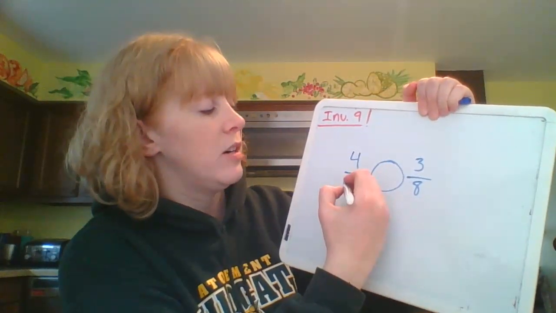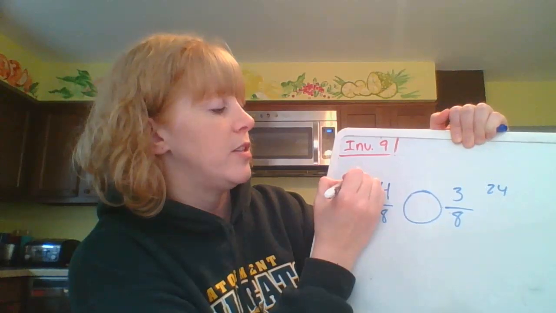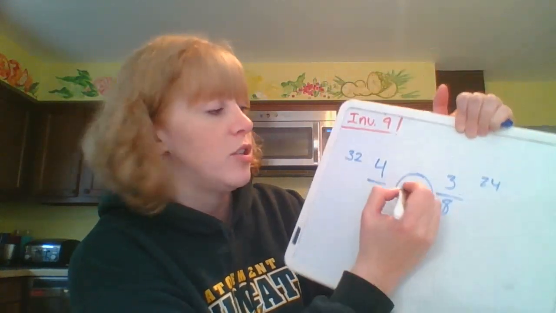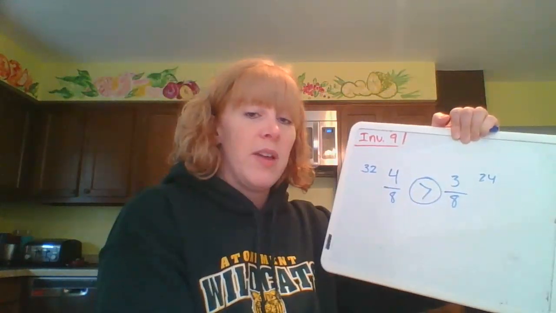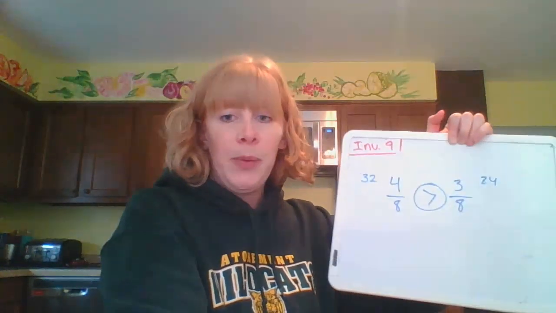Now, if I wasn't sure, 8 times 3 is 24. 8 times 4 is 32. Which one's larger? 32 is larger than 24. So 4/8 is larger than 3/8, but I'm also going to illustrate that with manipulatives.